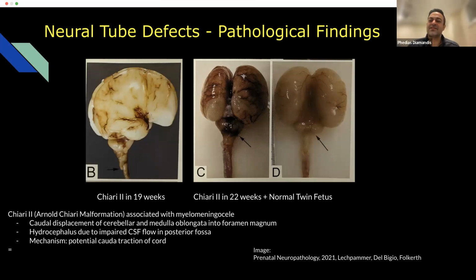And the support for this is that when you fix the myelomeningocele in utero, it does seem to help reduce the hydrocephalus higher up. So it's contentious whether these are separate defects or secondary from the initial defect. But to me, practically speaking, I think it's easier to understand it as a cord traction issue.